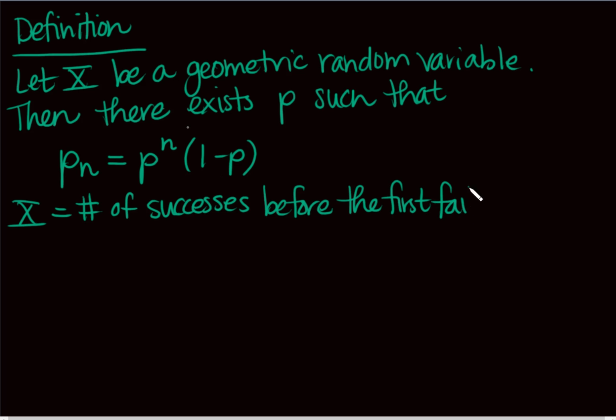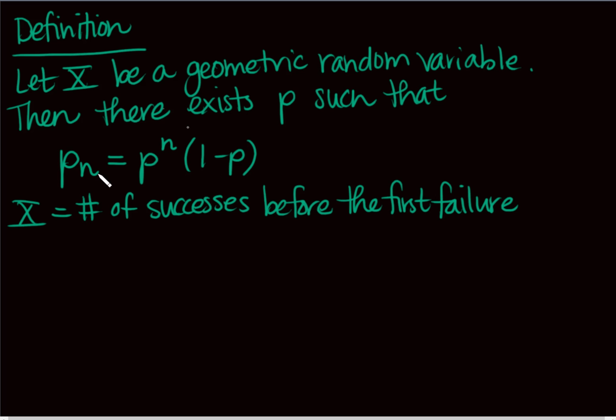And try not to let your mind get into this idea of what success means and what failure means. You want to think about it as this occurring or not occurring. So if I toss a coin and a tail is a success and a head is a failure, it's not that that's a failure. It's just that those are my two different outcomes.